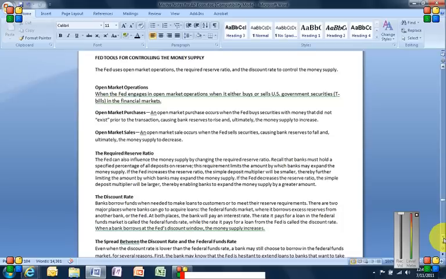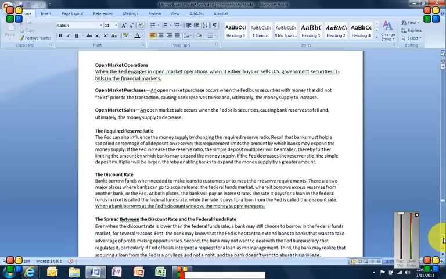Now, by the same token, they can try to decrease or restrict the money supply, and that would entail an open market sale, where they once again go into the open market and sell securities, causing bank reserves to fall and ultimately the money supply to decrease.